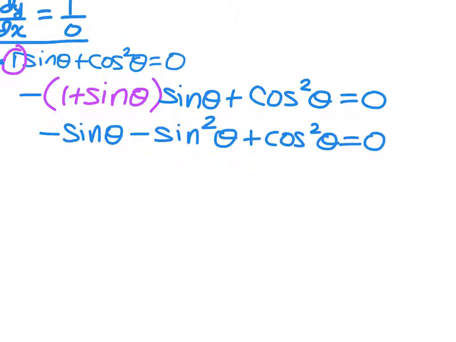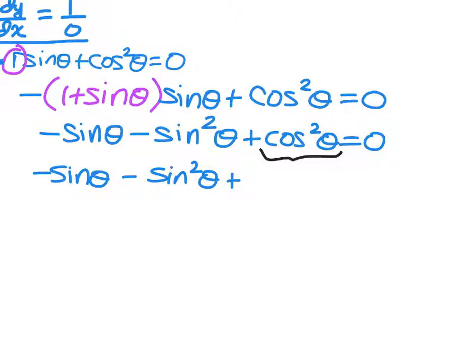But you could apply a trigonometric identity and replace cosine squared theta with, what do we think? All the way back to pre-calc on this baby: 1 minus sine squared theta.